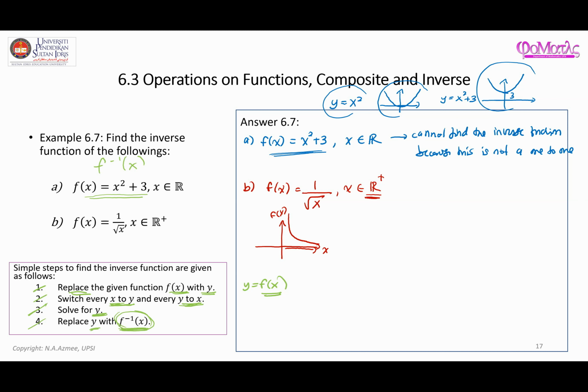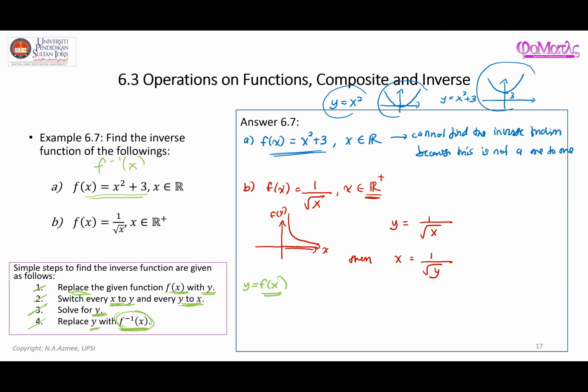So what we do is, the first step is to replace f(x) with y. So here I'm going to have y is equal to 1 over square root of x, and the next step is to switch x and y. So x is equal to 1 over square root of y, and then we're going to try and solve for y.